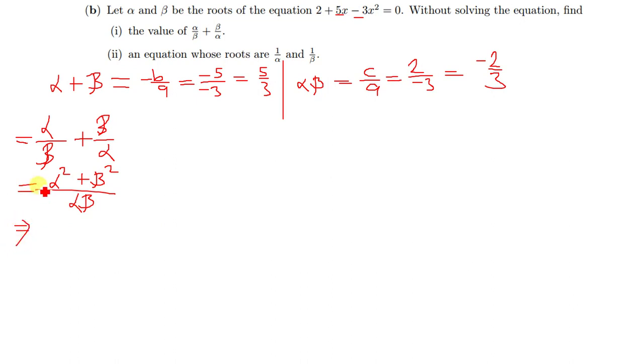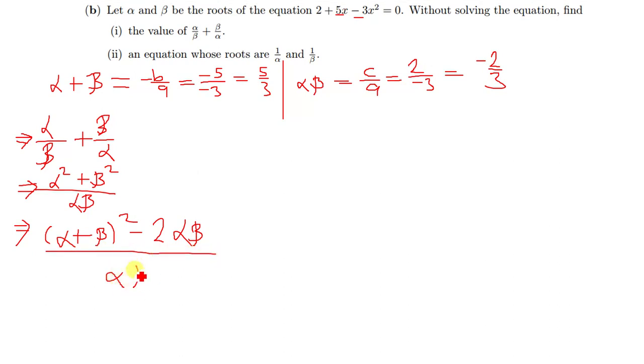How do you find alpha squared plus beta squared? It is just given by alpha plus beta, then squared, minus 2 alpha beta, then everything divided by alpha beta.